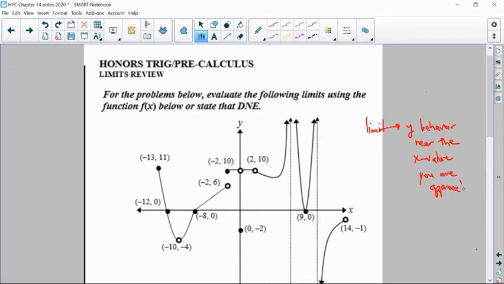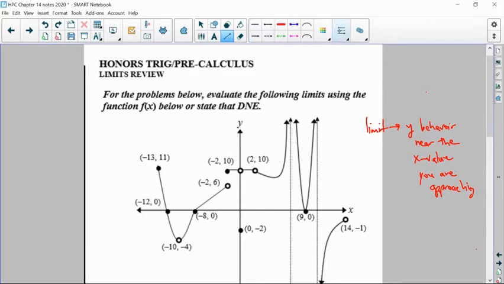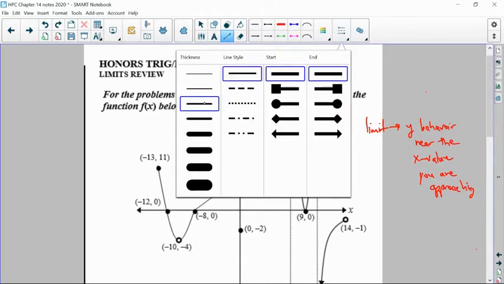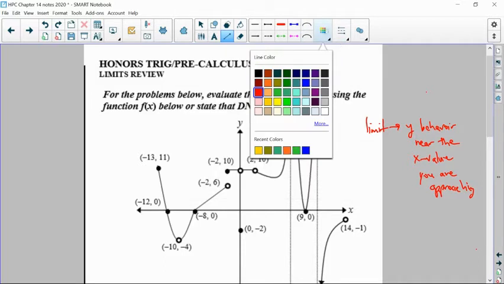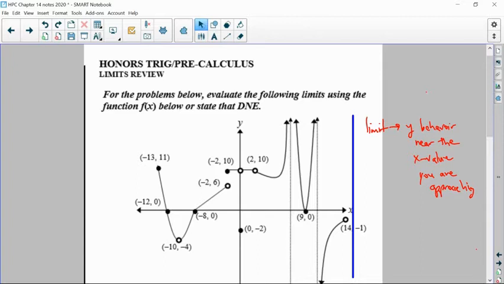Okay, so I'm going to get my vertical bar here because I like that. And maybe we can choose this blue color. Sure, why not? Okay, so there's my long vertical bar to help me block out what might be happening at the point. I want to know what's happening near the point.